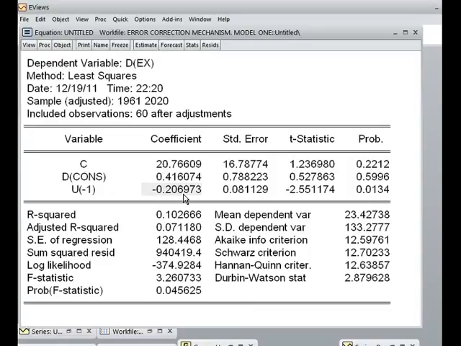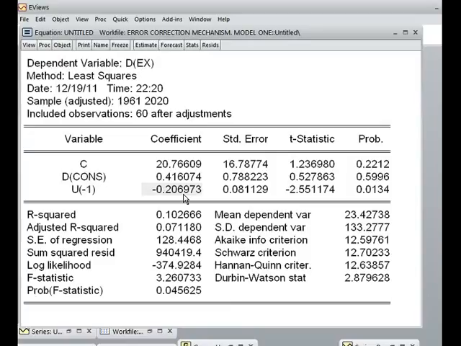20.69%. It means that the error correction term actually corrects the disequilibrium of the system. I am telling again, the error correction term actually corrects the disequilibrium of the system.